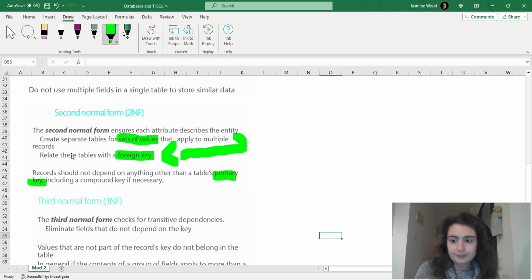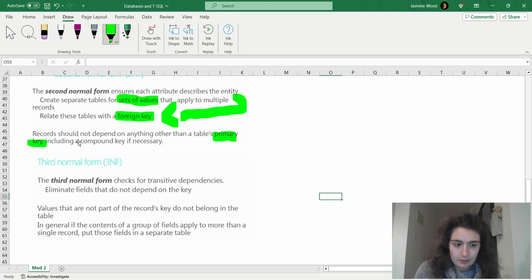Different kinds of keys. The third normal form essentially eliminates types of data that are not directly dependent on the primary or the foreign key.